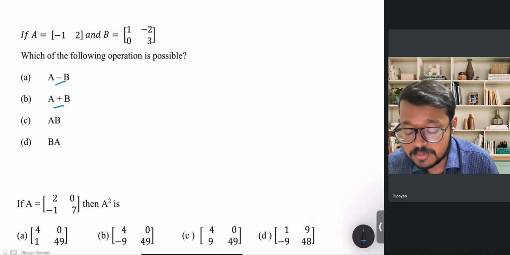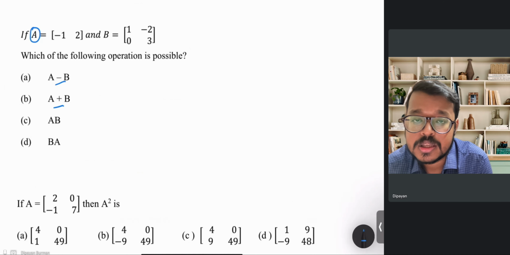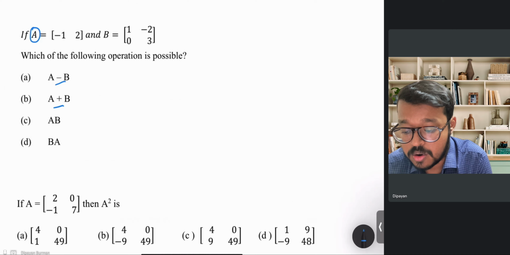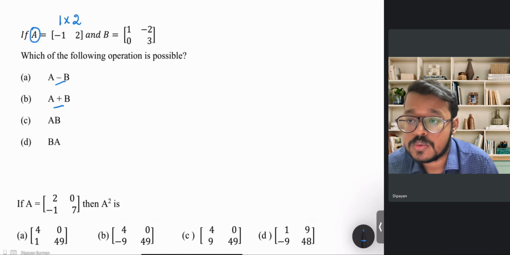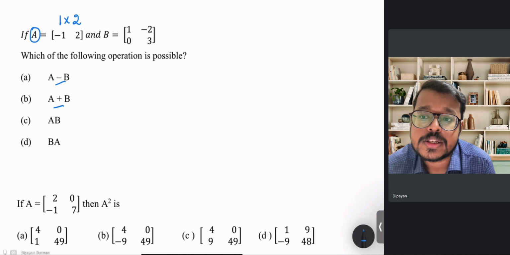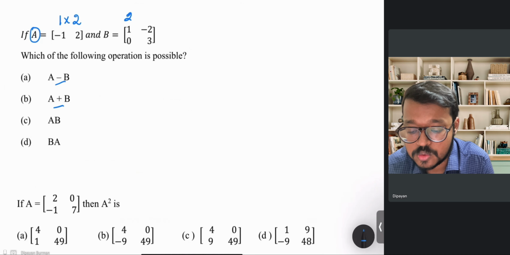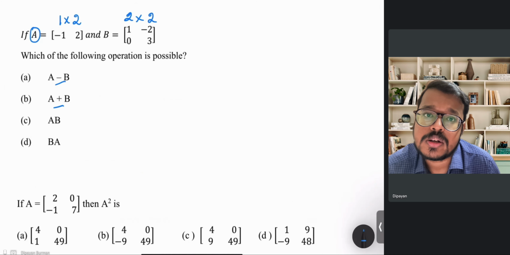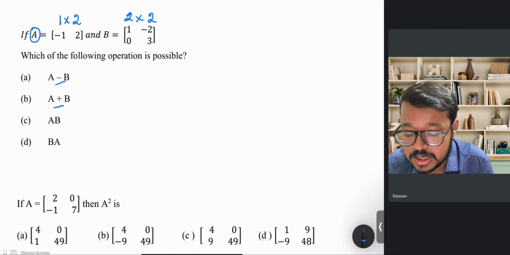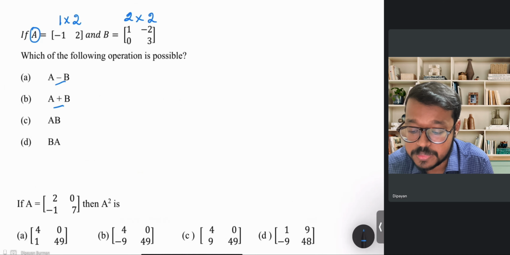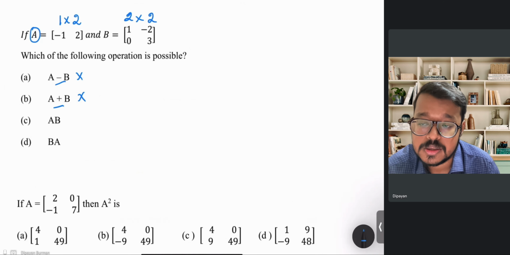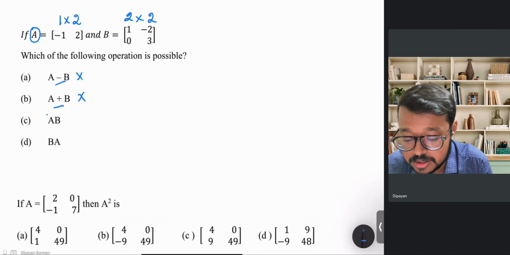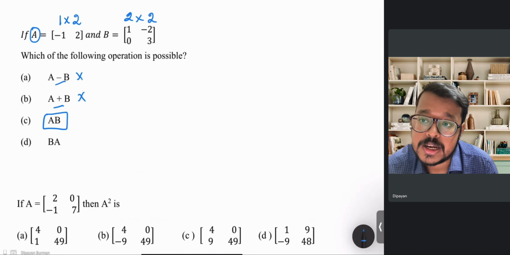Now matrix A is a row matrix, it has only 1 row and 2 columns. So the order of matrix A is 1 by 2, and matrix B is a square matrix of order 2 by 2, 2 rows and 2 columns. So obviously the orders are different, so addition and subtraction operations are automatically not possible. Multiplication may still be possible. So suppose I am checking, can we do A multiplied by B?